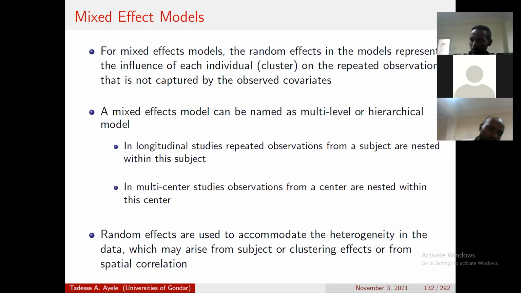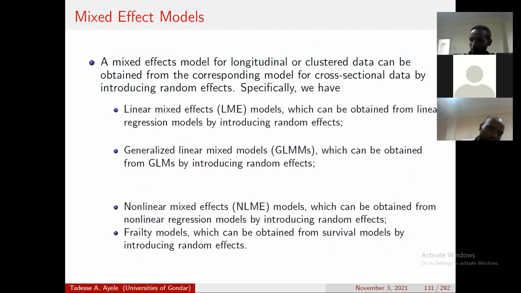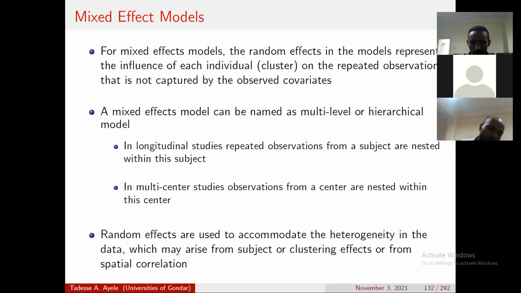So when we say fixed effect and mixed effect model, our model contains two things: both random effect and fixed effect. In a mixed effect model, the random effect represents the influence of each individual cluster on the repeated observations that is not captured by the observed covariates.